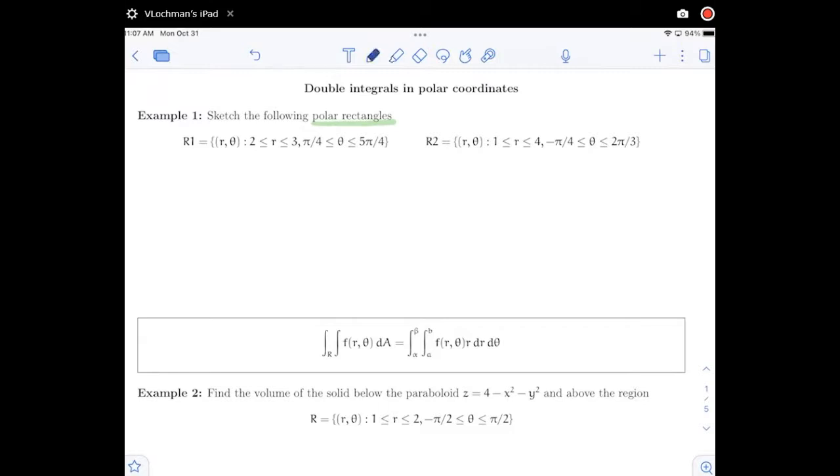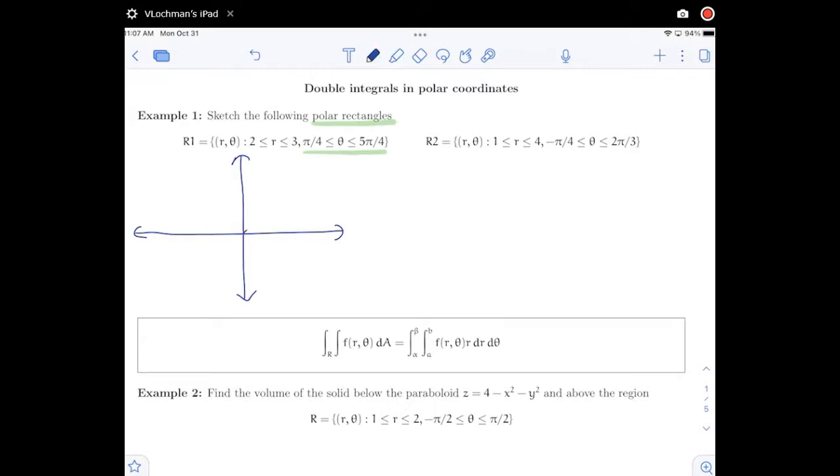So I'm going to go ahead and sketch it. Now, I am working with a polar plane, so this is no longer xy, this is r and theta. And I usually start with the angle. My angle is between pi over 4 and 5 pi over 4.